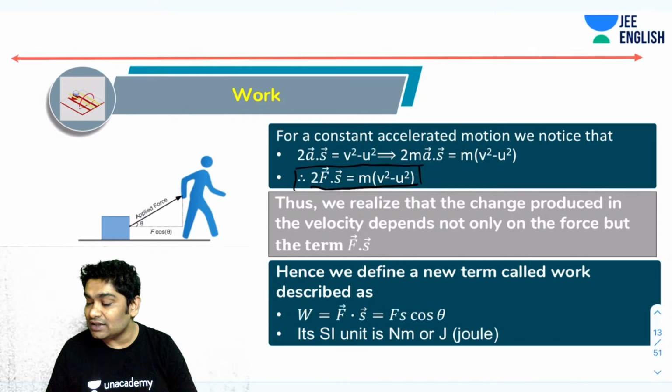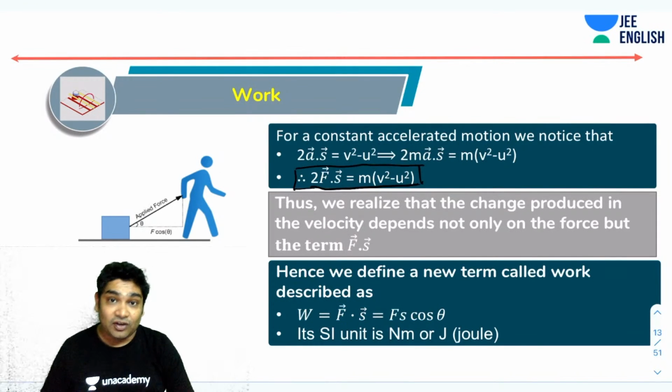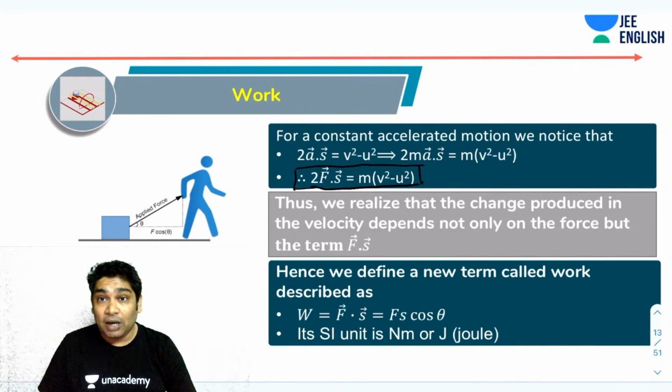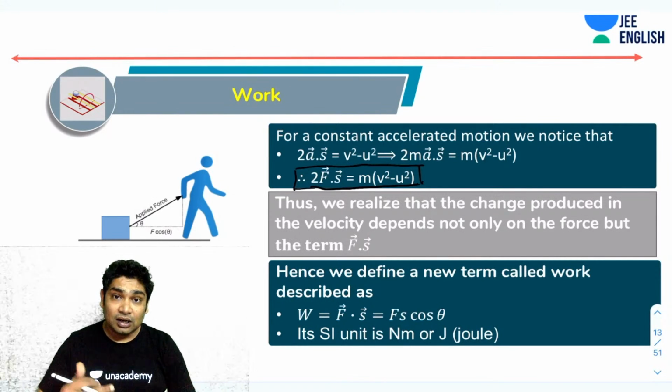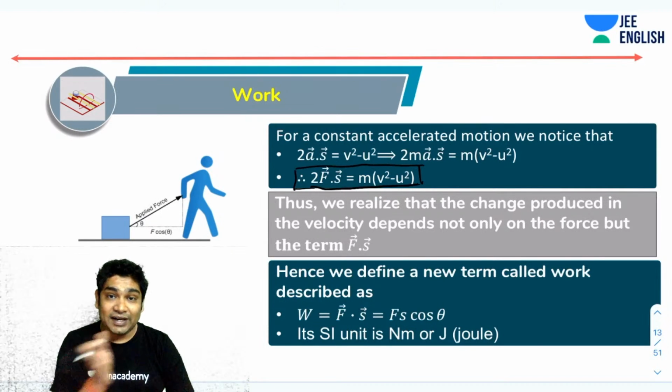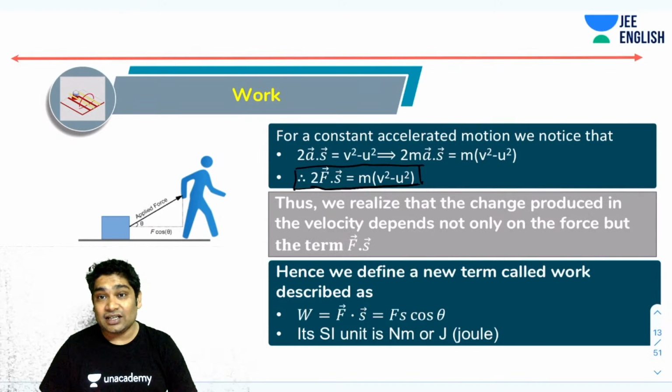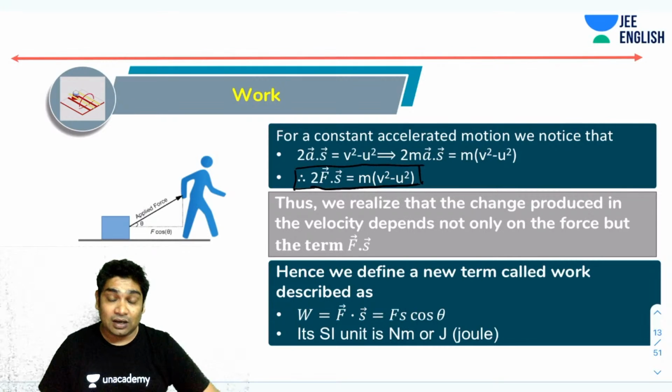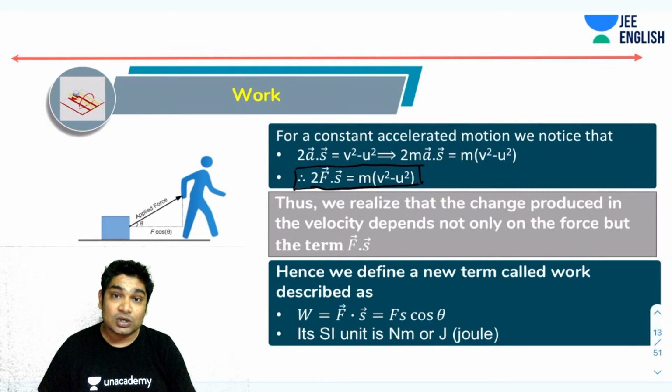So what you realize is that, according to Newton's laws, any force can change velocity. But the change in speed is being measured by the term v square minus u square, which relates the previous speed and the final speed. So this change depends not only on the force but on the dot product of force and displacement.